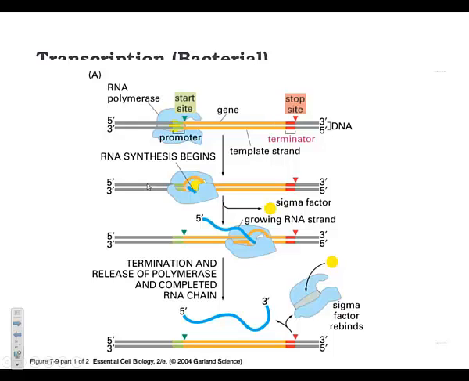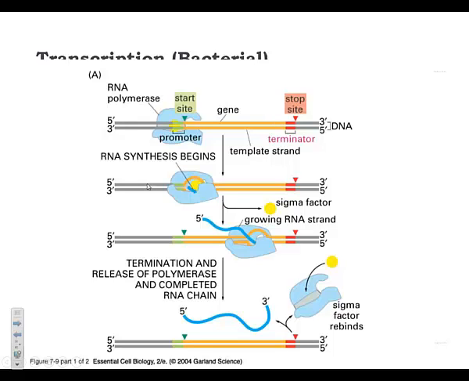And downstream, the last codon, or the last information at the end of a gene, has to tell the enzyme where to stop, right? So the terminator. So we call these two regions that are common to all genes the promoter and the terminator, and then the gene is the intervening sequence of nucleotides.